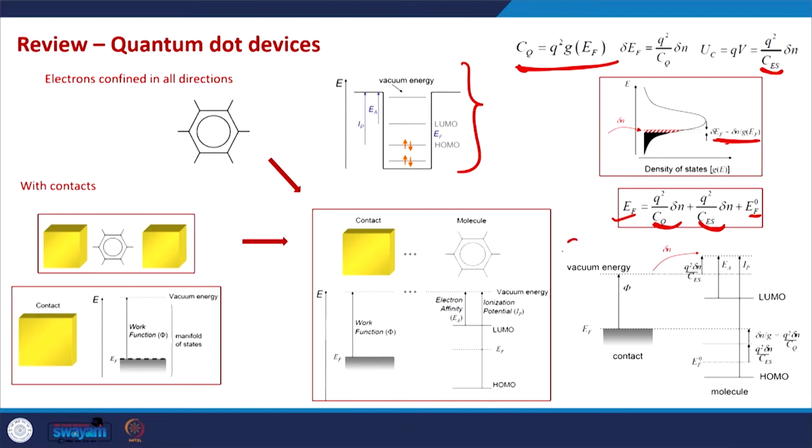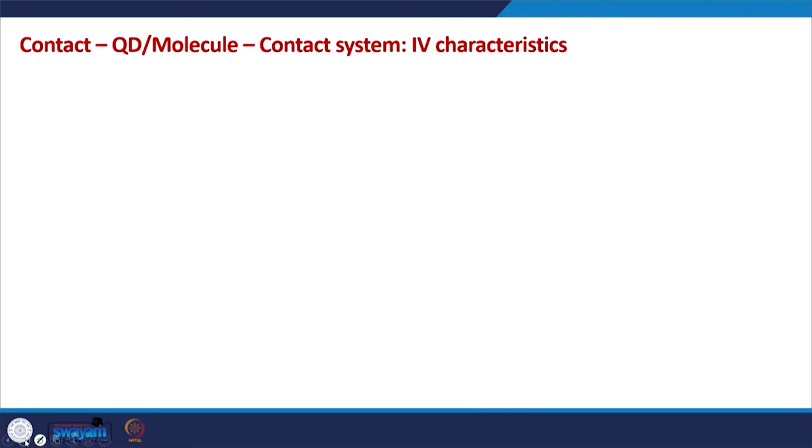Pictorially, this is represented in this way, as you can see here. The key point is that the change in the vacuum energy is just because of the electrostatic capacitance, but the change in the Fermi level is because of both the quantum capacitance and the electrostatic capacitance. That's the key thing we need to keep in mind while understanding quantum dot devices.